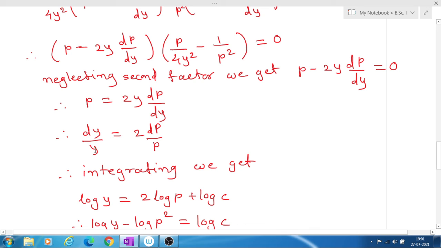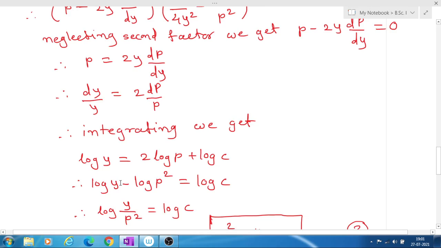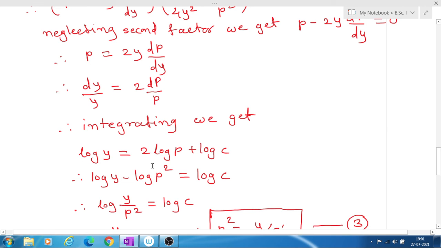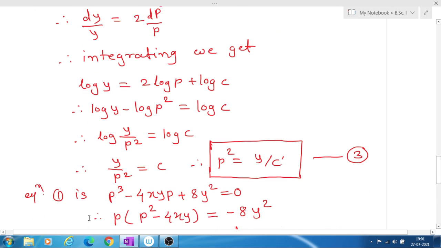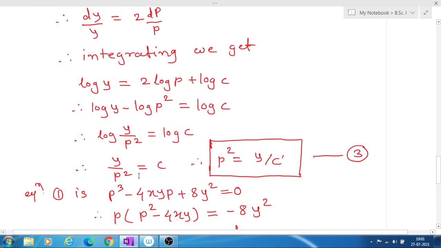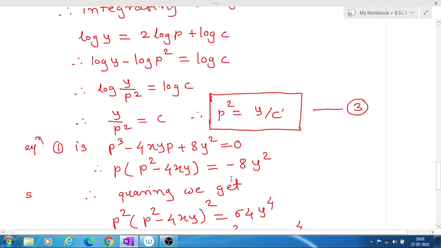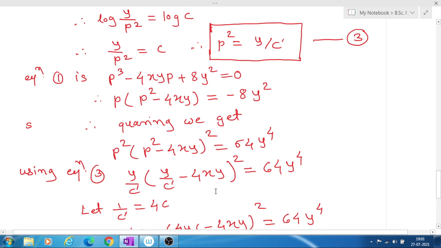So we have dy upon y is equal to 2 into dp upon p. On integration we get log y is equal to 2 log p plus log c. Therefore we get y upon p square is equal to c, that is p square is equal to y upon c dash.